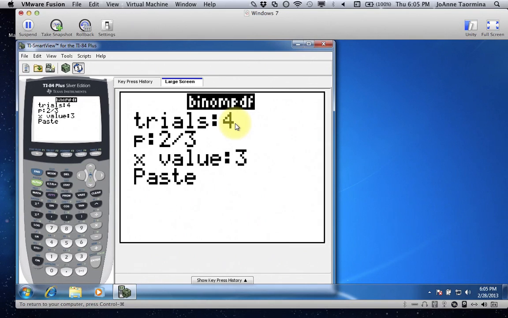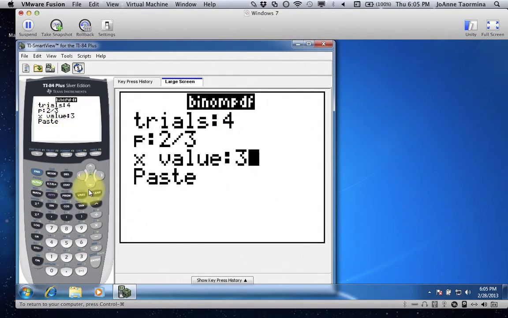It should make sense to you. You do something 4 times, you want to know the probability of succeeding 3 of those 4 times, or 2 of those 4 times, or 1 of those 4 times, or 4 of those 4 times, but it would never make sense to succeed 5 times if you're only doing the trial 4 times.